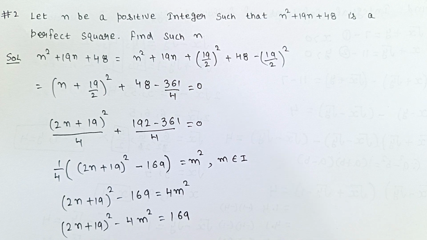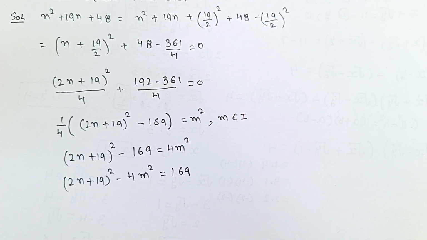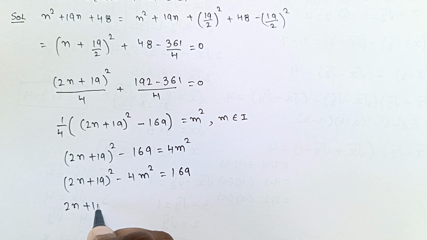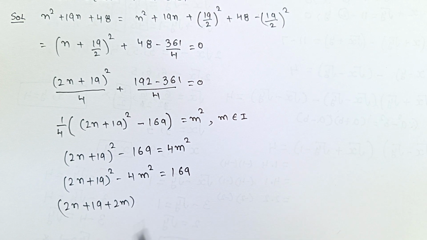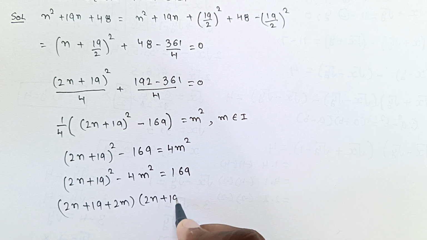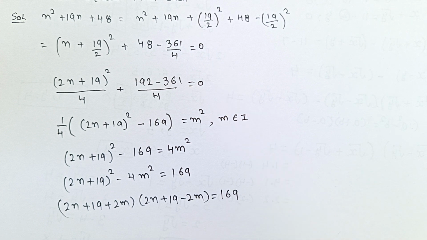Now we see that there is a square minus b square, so I factorize it as (2n plus 19 plus 2m) times (2n plus 19 minus 2m), which comes out to be 169.